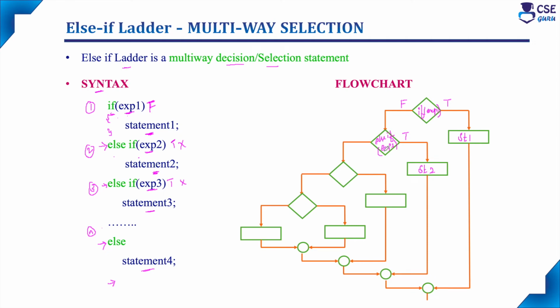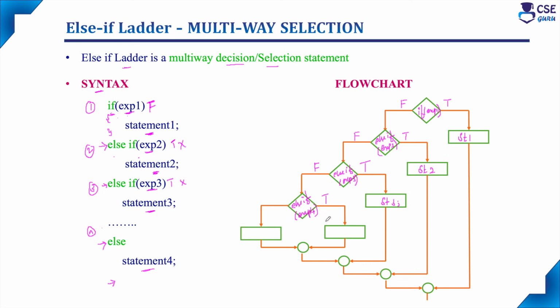Suppose this else if part is evaluated to false, control will transfer to the next else if part. So here, else if expression 3, it will check. If this condition is evaluated to true, it will execute the statement 3 part. After executing this statement, control will transfer out of the else if ladder and execute the remaining code. Suppose this also fails, again it will go to another else if part, that is expression 4, it will check.